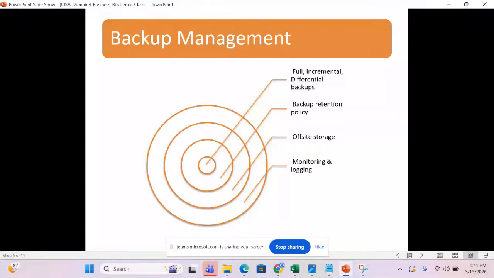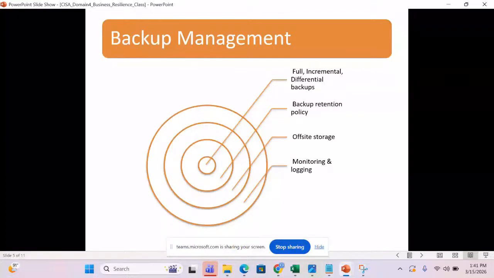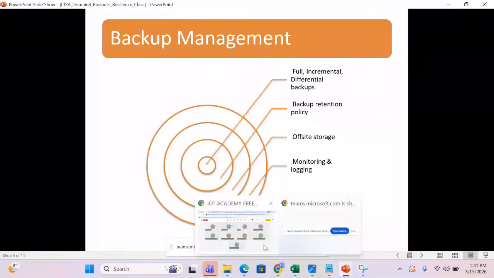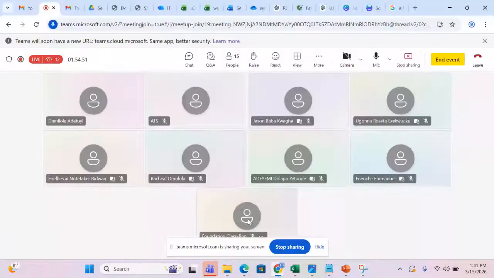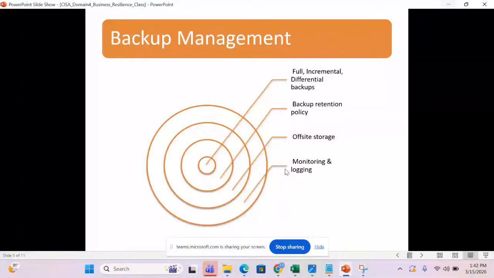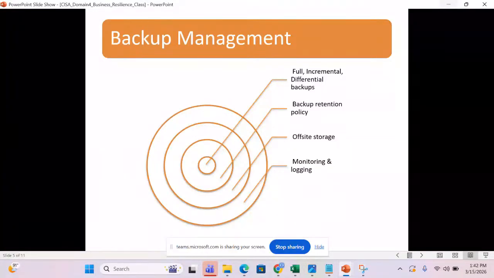And what does 3-2-1 mean? 3-2-1 means creating one primary backup and 2 copies of the data. That means if one of my primary servers goes down, I have a primary backup, and then I'm also creating 2 copies of that data.